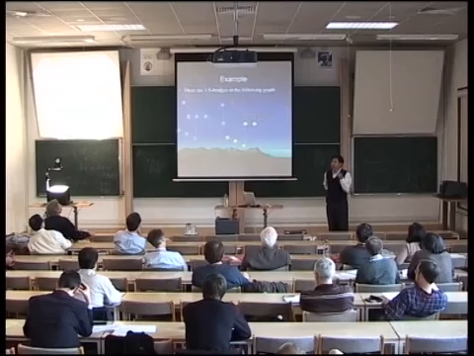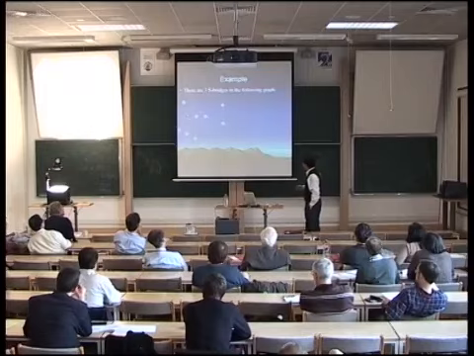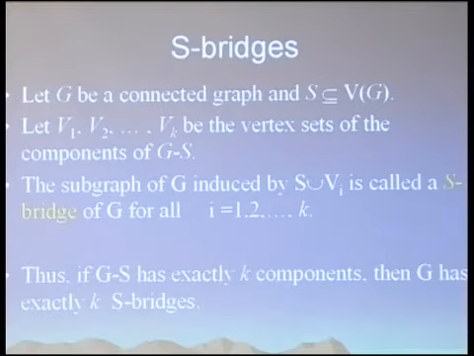Yes, it's the induced subgraph of G induced by the union of S and V_i. So it's one of the pieces that you would glue along S to reconstruct the whole. Yes, including S. Induced subgraph means we take all possible edges in this subgraph.